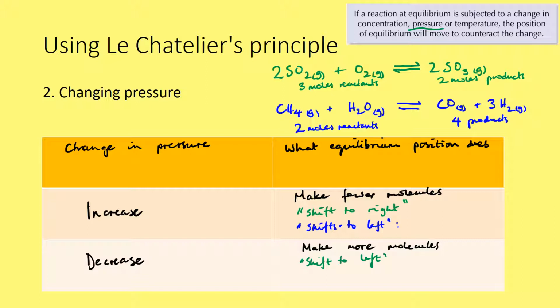Whereas for the methane reaction, the one in blue, making more molecules means shifting to the right, because we would use relatively few molecules of methane and water, and we would make many molecules of carbon monoxide and hydrogen. So the equilibrium position would shift to the right.